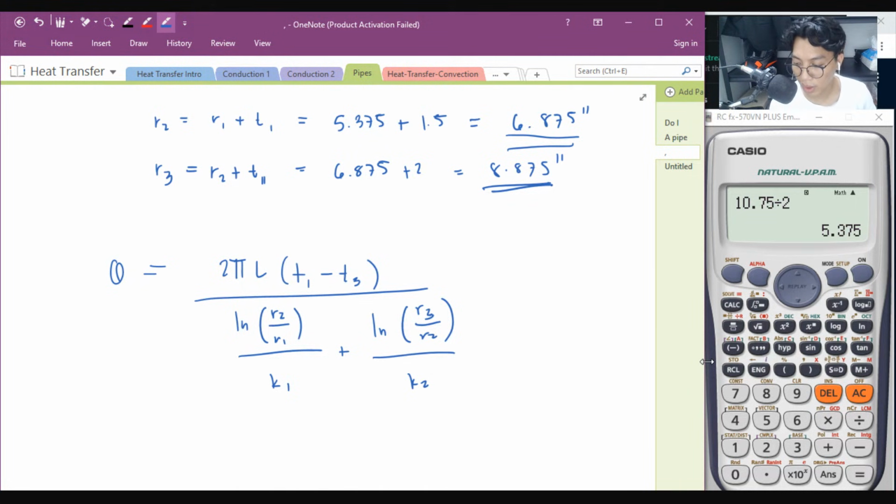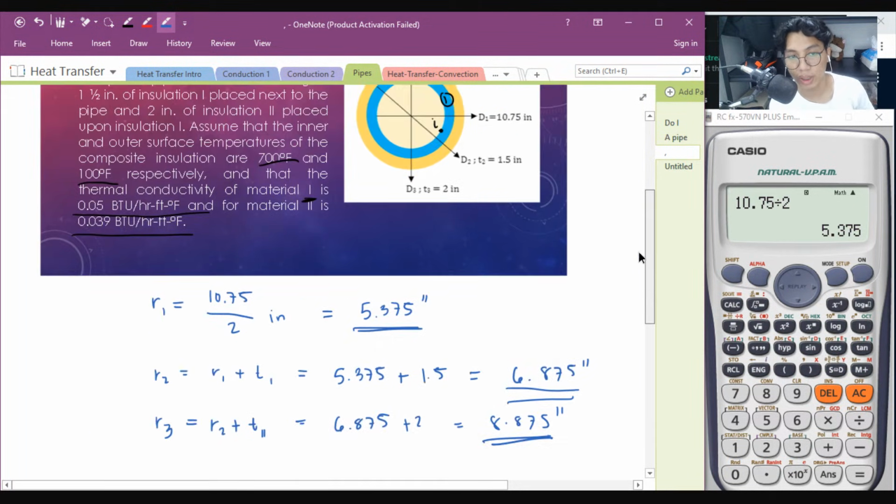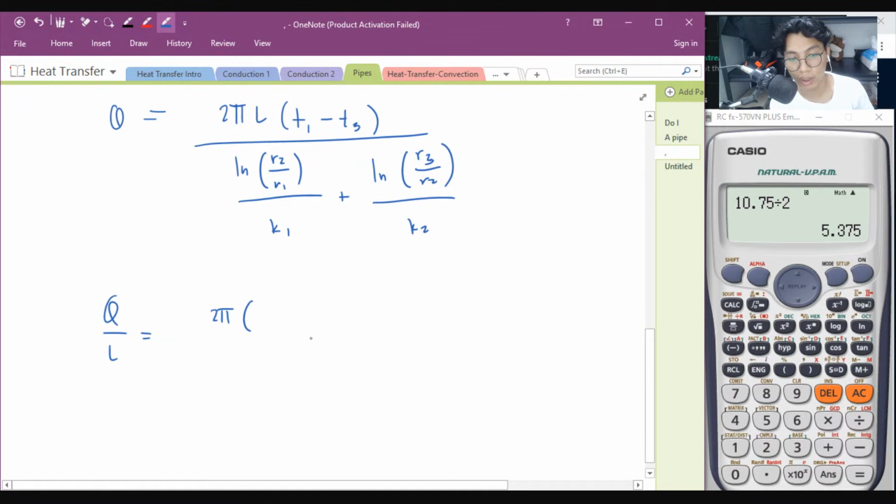So, what are we looking for there? The per unit length. Per linear foot, so Q over L is equal to 2 pi. What is the temperature there? Inner and outer, 700 and 100 degrees Fahrenheit.